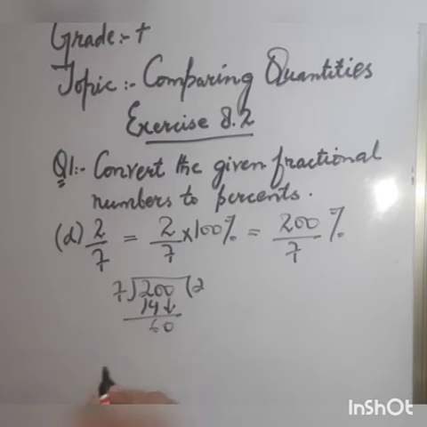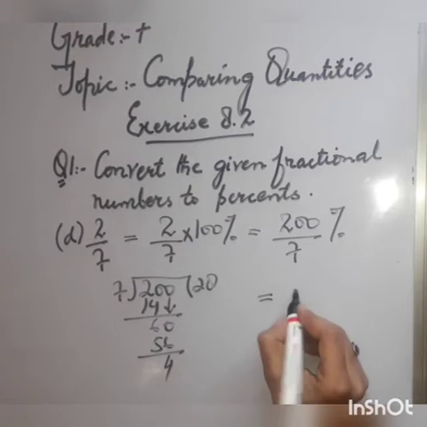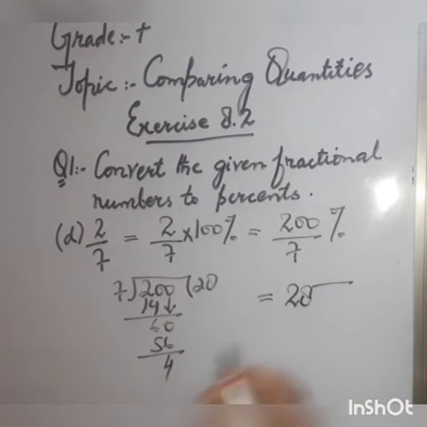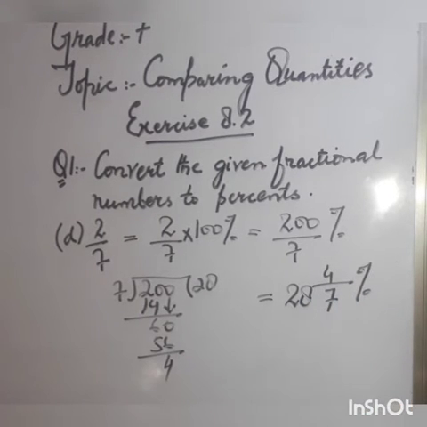The 0 will come here. Then 7 8s are 56 and we'll be left with 4. So we can write this as 28, then remainder is 4 and divisor was 7. So 28 4 by 7%. This 2 by 7 is a fraction and it is equal to 28 4 by 7%. You will solve the other two parts, part B and part C, yourself.